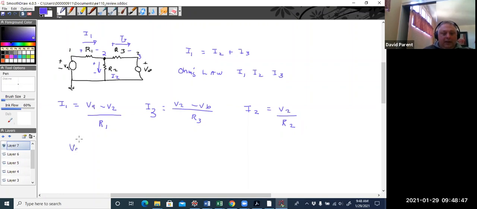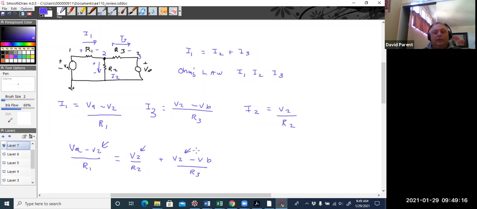So VA divided by R1, I2 is... All right. And what do we need to solve for? Right, V2.